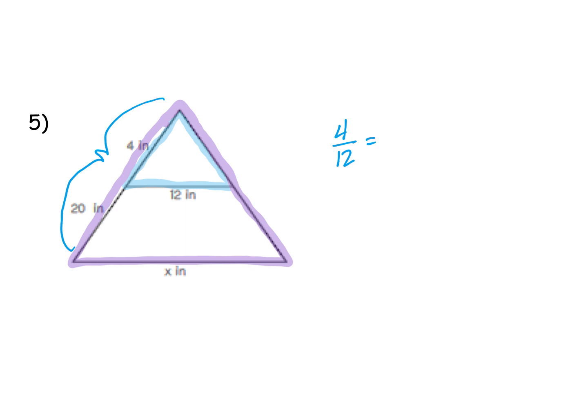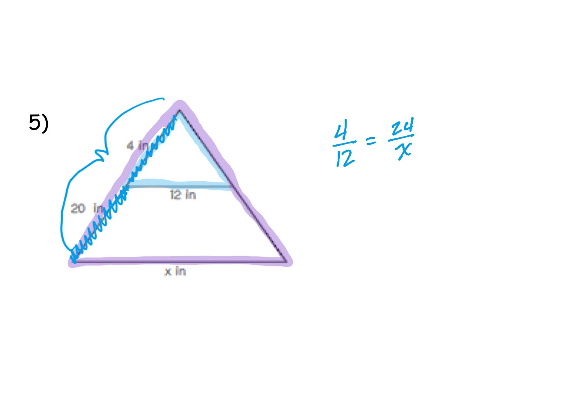No, 24. How'd you get 24? You have to add. This side right here is 20, and then this side is 4, so the whole side is 24 over x. Everyone okay with that? Do you guys see that?